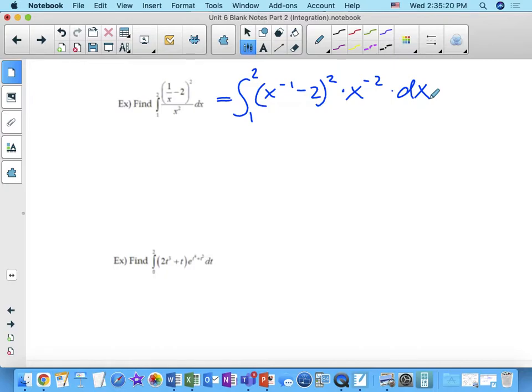Now, what you want to look for is this. With substitution, you want to look for parts anywhere in here where I have part of a function and its derivative.